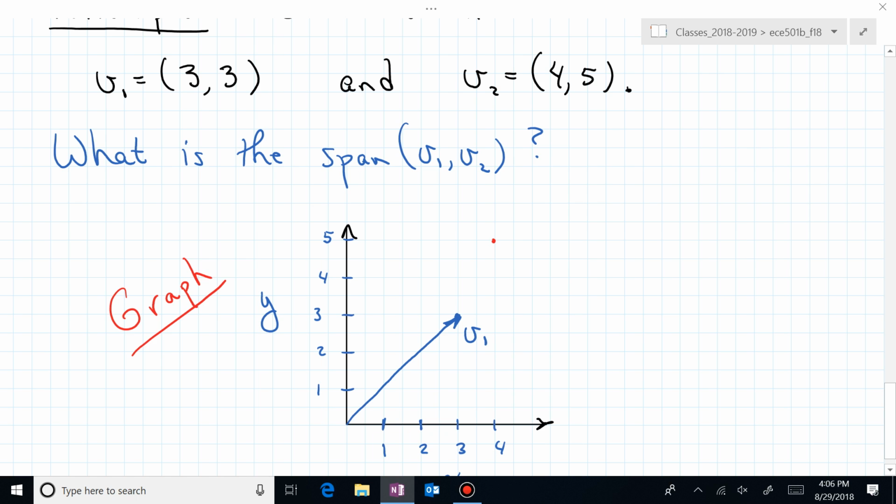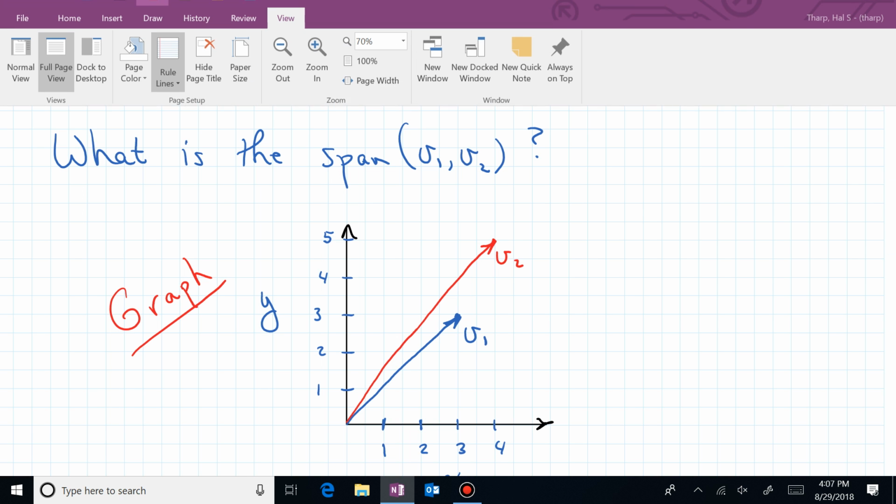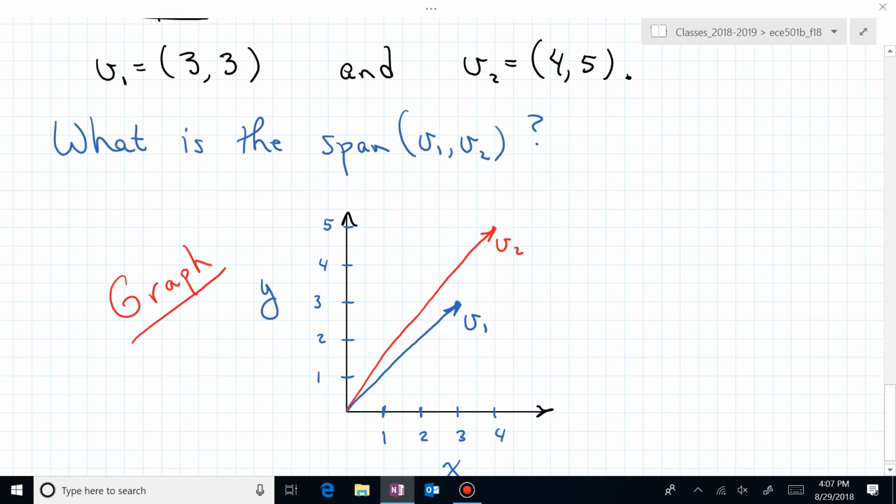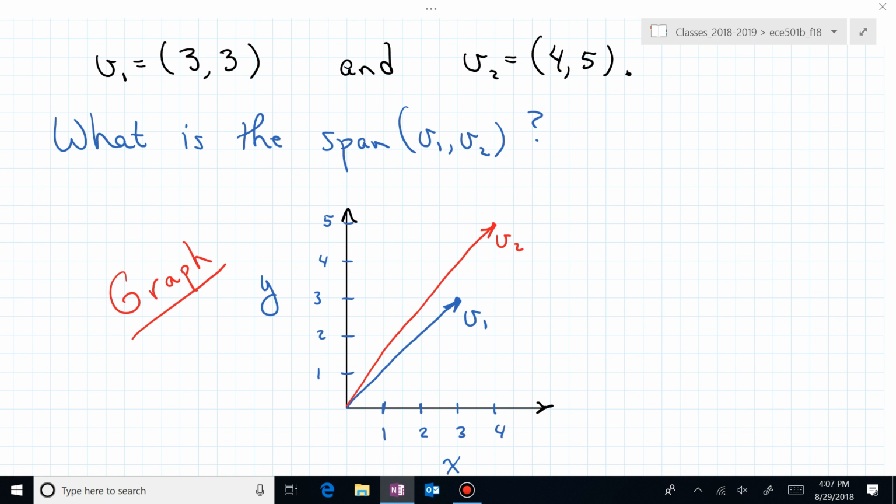And now I have to be better at drawing than I probably am going to illustrate, but there are now the two vectors, v sub 1 and v sub 2. And we want to know, relative to this two-dimensional plane, what's the span of those.